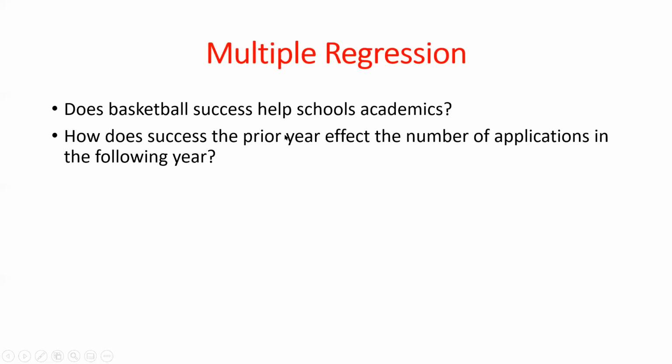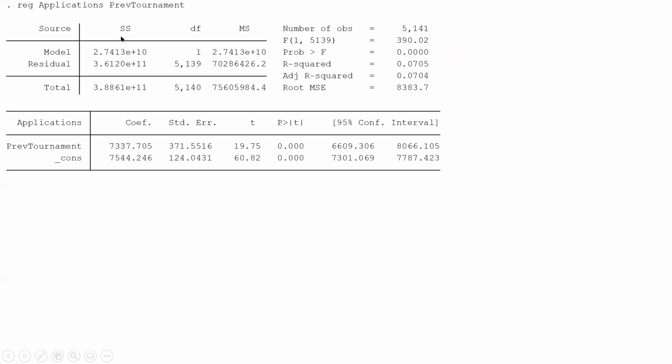Now, one thing we're going to have to do is look ahead. If they had success in spring of 2021, that's not going to have an impact on applications until the following school year, right? So we're always going to be using the previous year's success in the tournament. What I'm going to look at here is my Y variable, applications, and my X variable is just, did I make the tournament in the previous year?